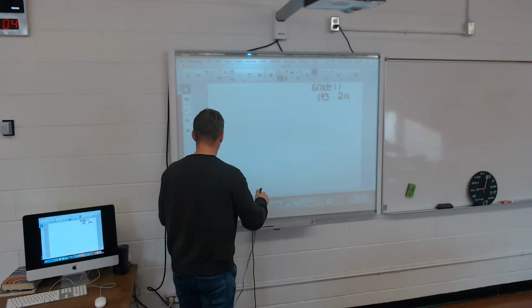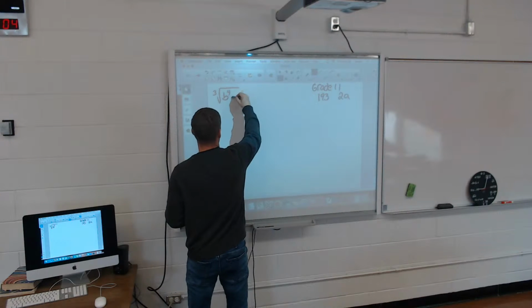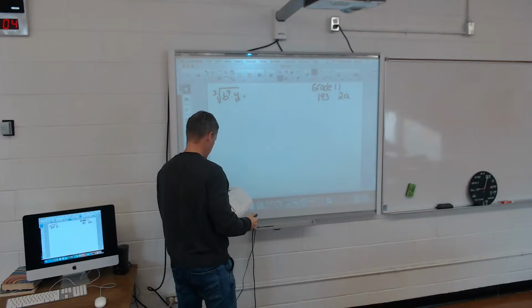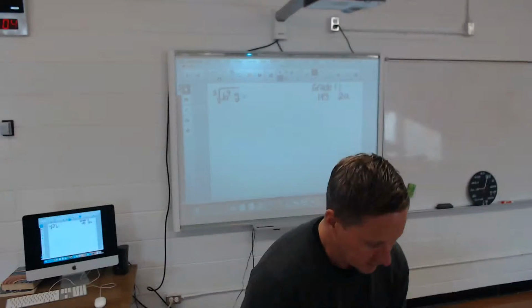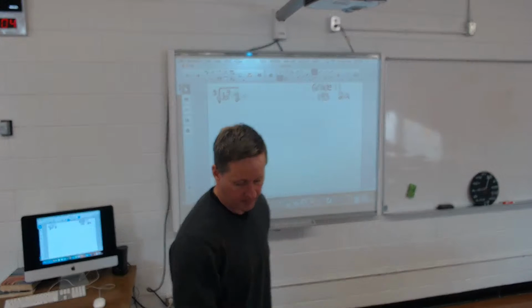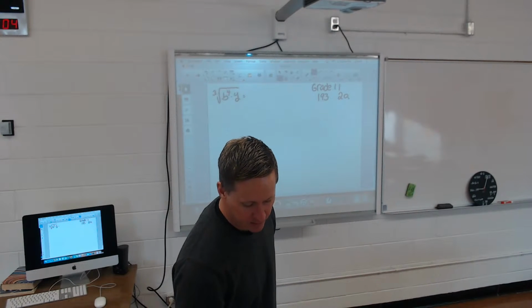Okay, so I've got the cube root of b to the fourth y, and it wants us to write each entire radical as a mixed radical.